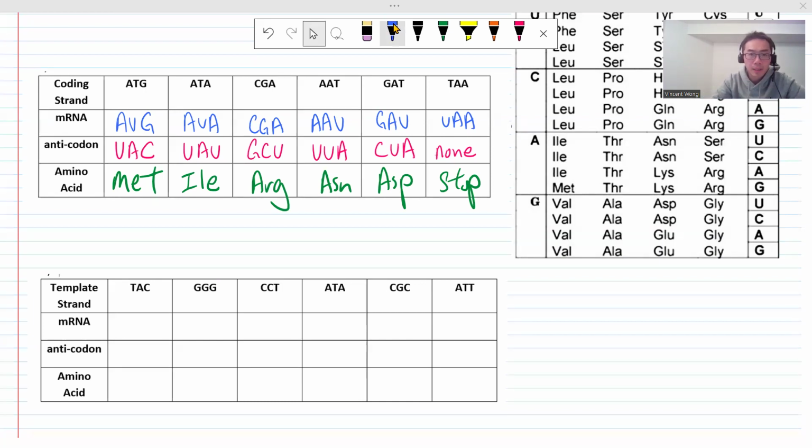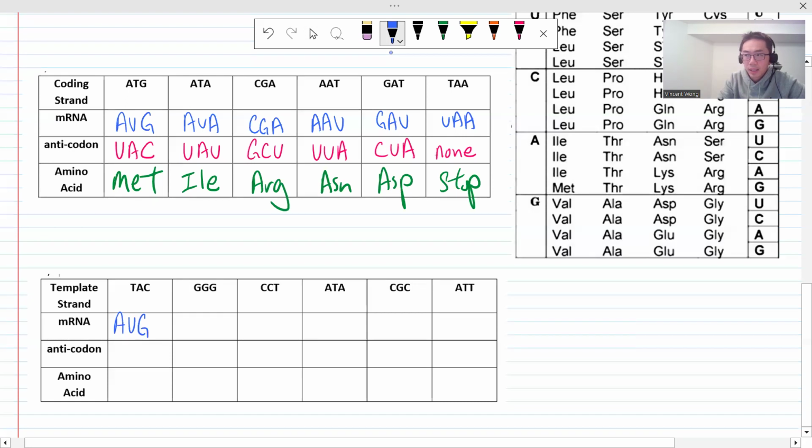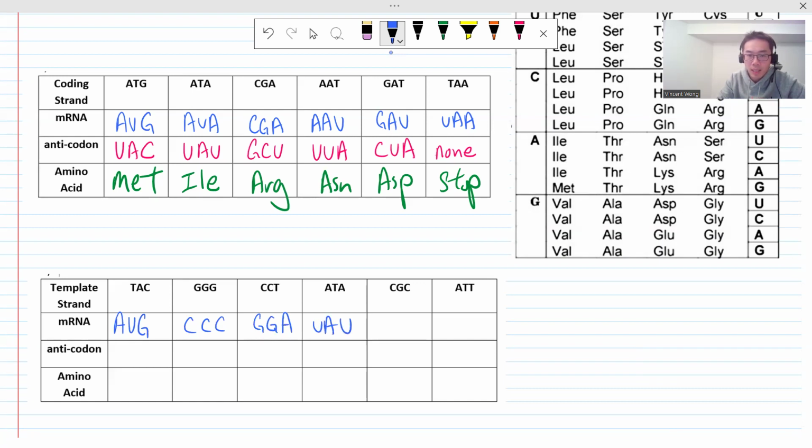All right, I'm going to write down the mRNA for you. Let me know if you need me to explain why it is the way it is.